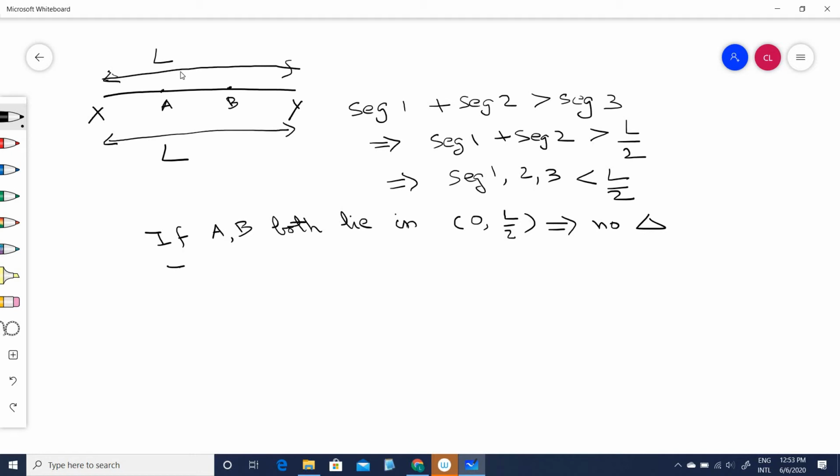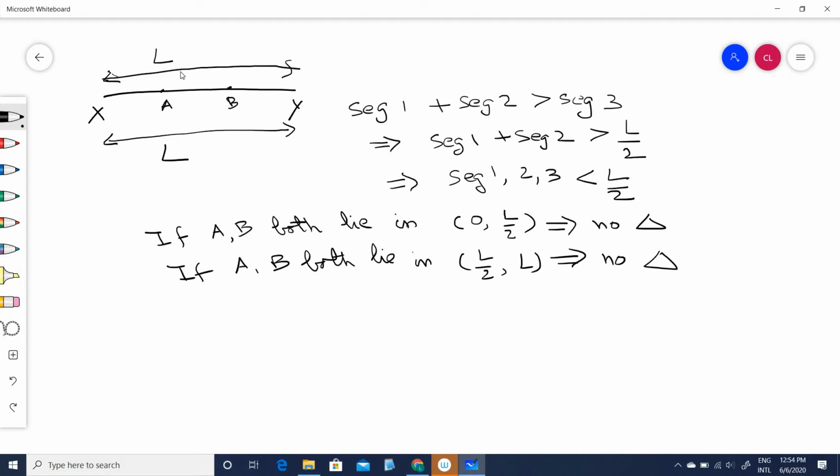Similarly, if A and B both lie in L by 2, L, even then no triangle, for the same reason. In the second case we would have YA plus YB or YB plus YA, depending on which one is to the right or left. The sum of those two segments will end up becoming less than L by 2.